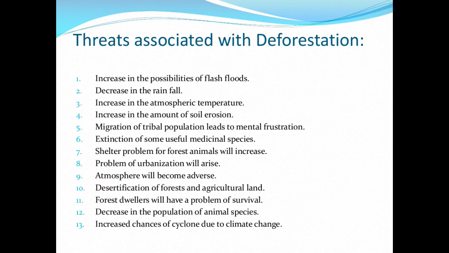For example, in areas near the forest, due to deforestation, you can see a lot of monkeys coming into cities and local areas, because monkeys don't find any trees in the forest to have their food. So they rush into the villages and areas nearby.